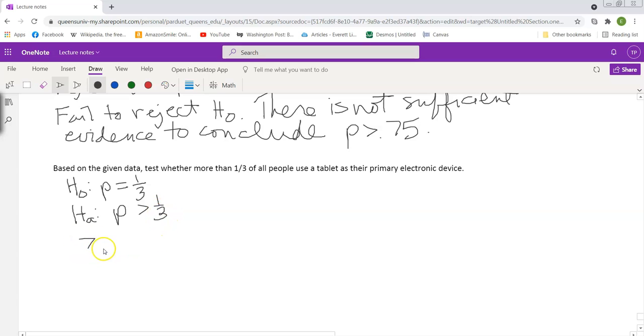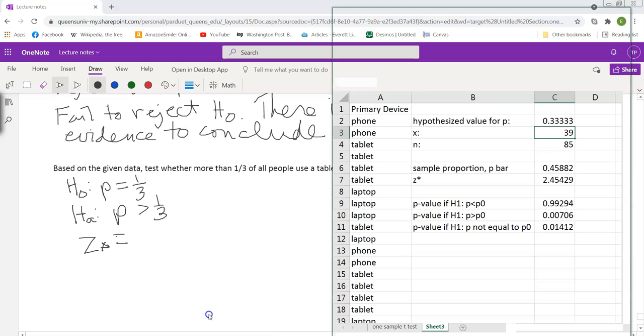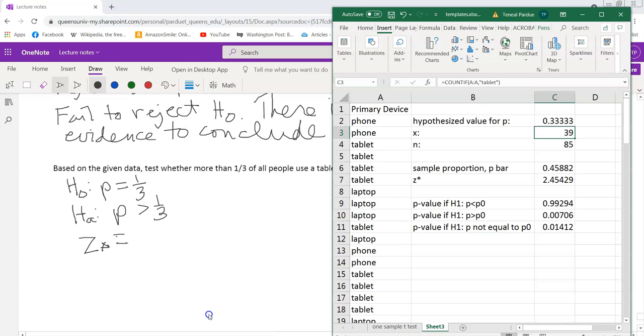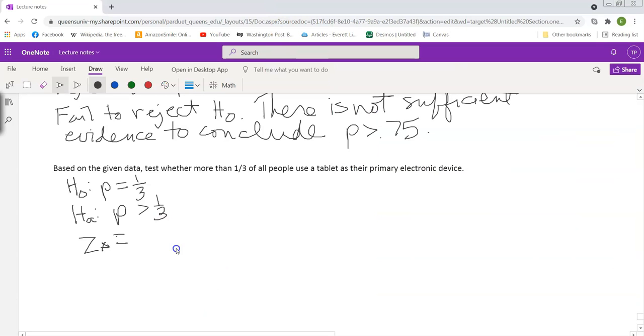And from our template, we've got that z star is 2.5453.